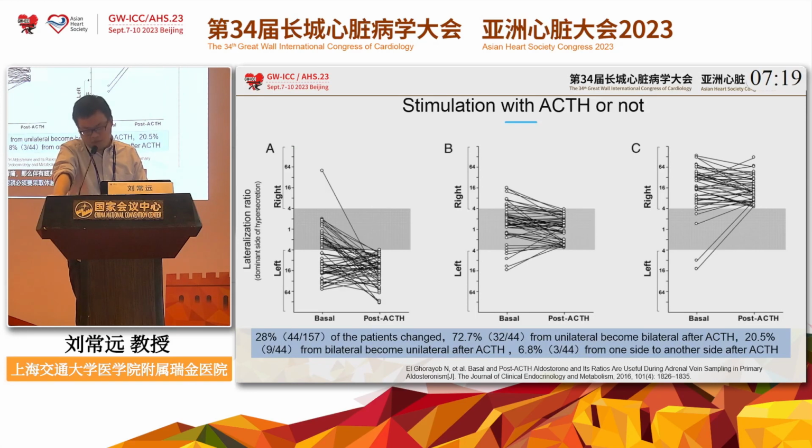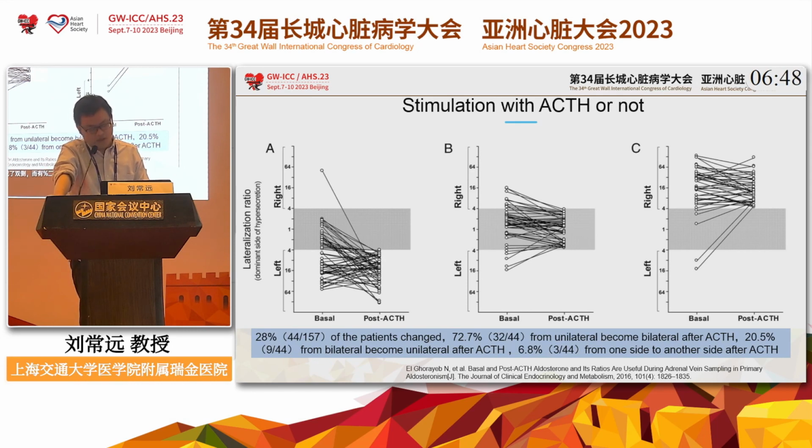Whether we should stimulate with ACTH is still a controversial issue. From our study in Canada, we could see 28% of the patients changed the result. About 72.7% went from unilateral to bilateral after ACTH, 20.5% of patients went from bilateral to unilateral after ACTH, and 6.8% went from one side to the other side after ACTH.